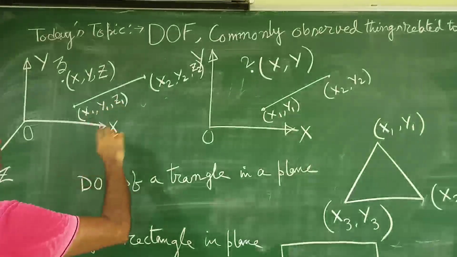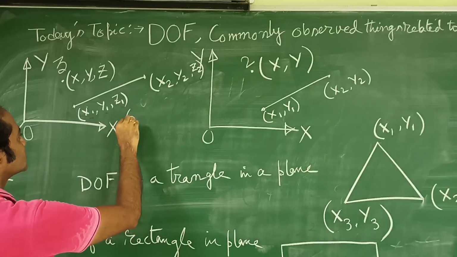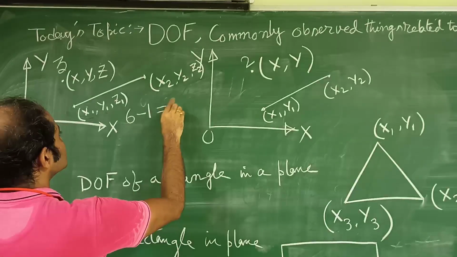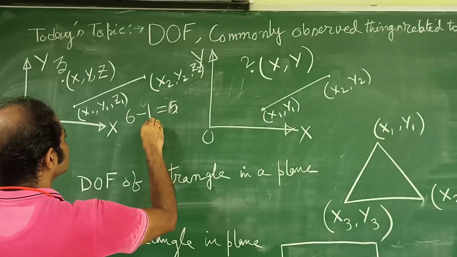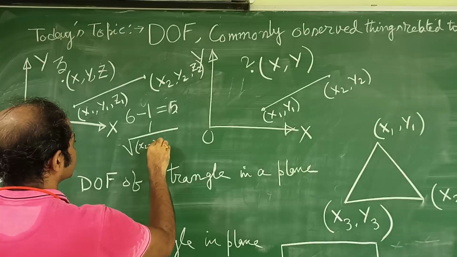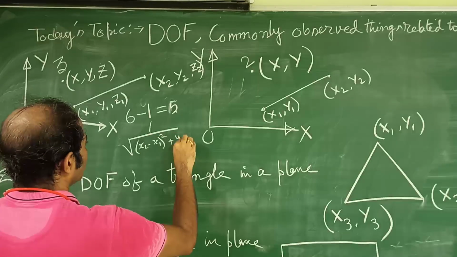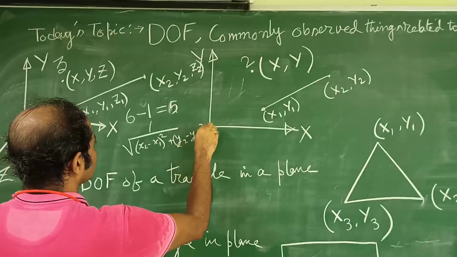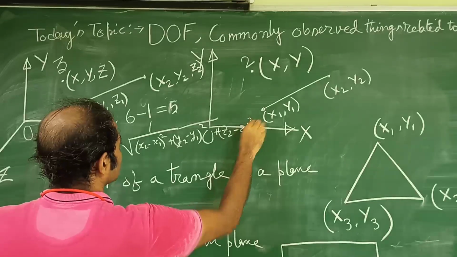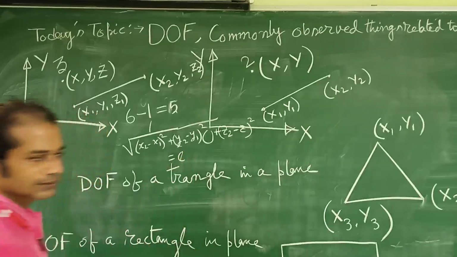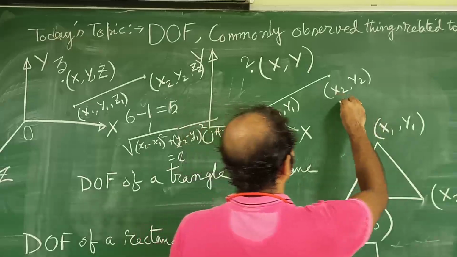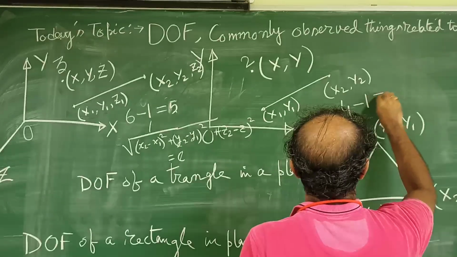So you have 6 minus 1, because there exists one constraint, and that constraint is the square root of (x2 minus x1) squared plus (y2 minus y1) squared plus (z2 minus z1) squared, which is equal to n, the length. So you have 5 degrees of freedom.